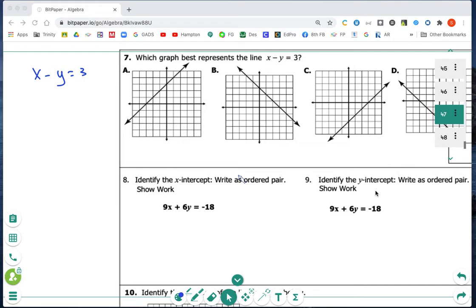I need the y to be positive, so I'm going to zero pair out the y. So I have x is equal to y plus 3.